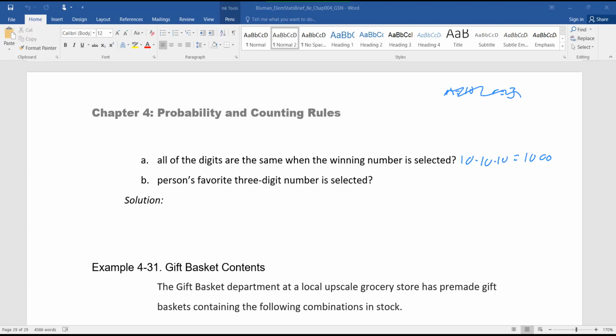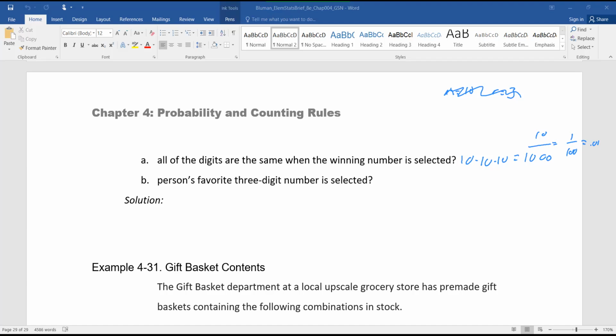All of the digits are the same when the winning number is selected. So that means all zeros, all ones, and so on. All of them are 0, all of them are 1s, 2s, 3s, 4s, 5s, 6, 7, 8s, 9. How many options do we have? 10. So we can just say this is just 10 out of 1,000, which is 1 out of 100, which is 0.01, which is 1% chance that all 3 numbers will be selected the same.